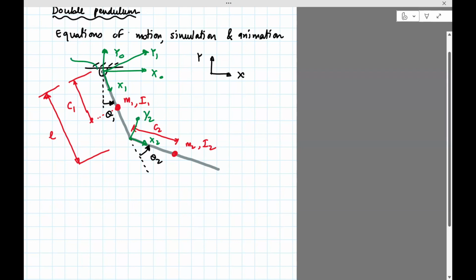And then this point here is going to be O and O1, because the origin for frame 0 is the same as the origin for frame 1. And then this point, we'll call that O2. Okay, I think that's pretty much what is needed.